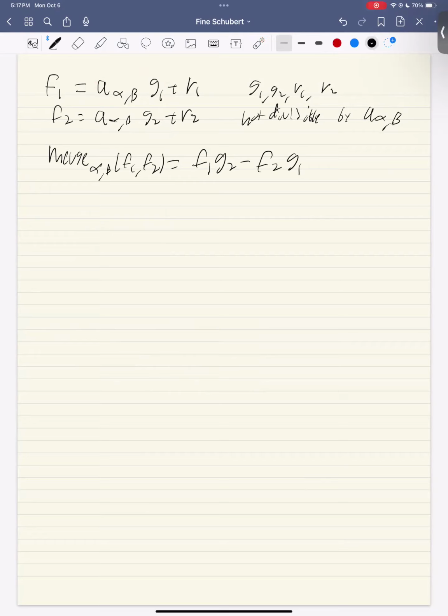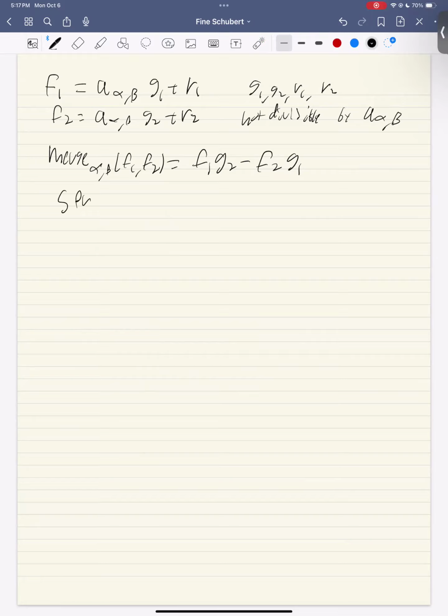So the variable A alpha beta will disappear from the merge. Also, clearly, if f1 and f2 are in some ideal, then the merge is also in the ideal.